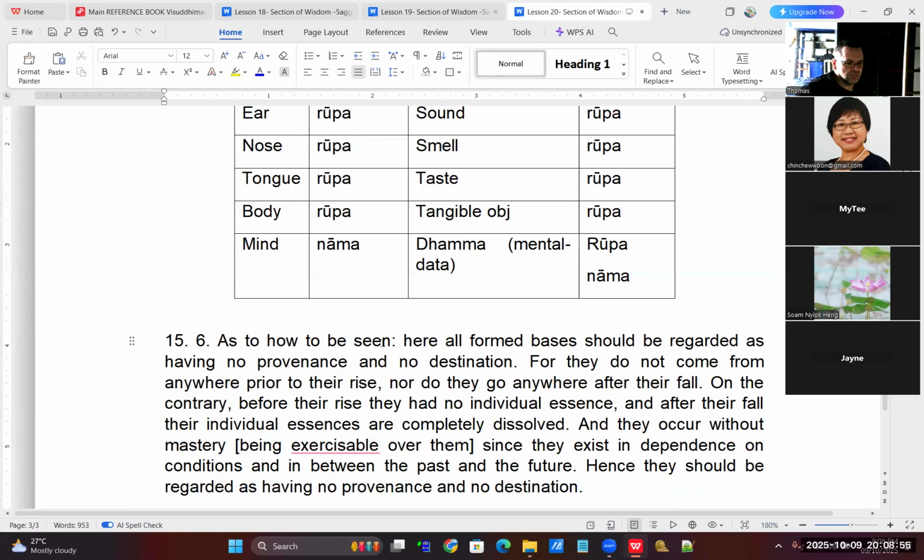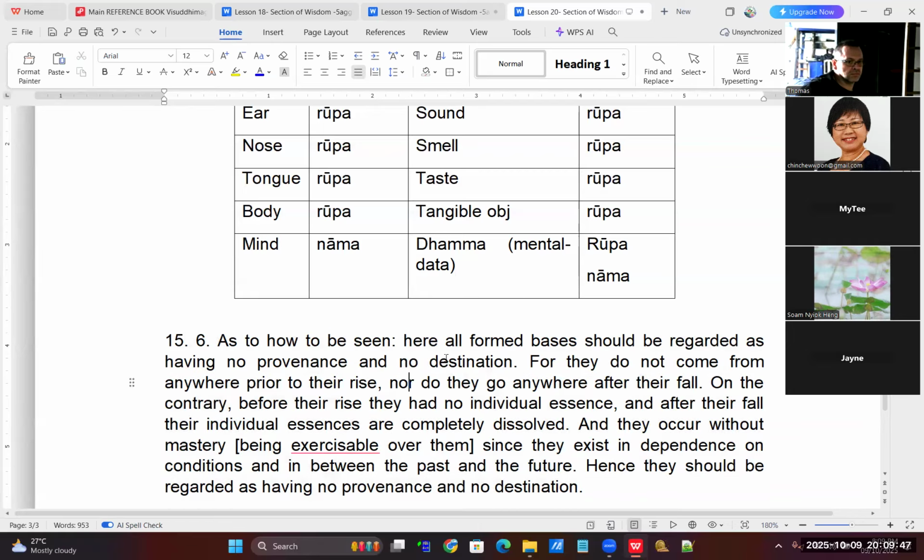On the contrary, before their arising they had no individual essence, and after their fall their individual essence is completely dissolved, and they occur without mastery being exercisable over them, since they exist in dependence on conditions and in between the past and the future. Hence they should be regarded as having no provenance and no destination. Okay, thank you.